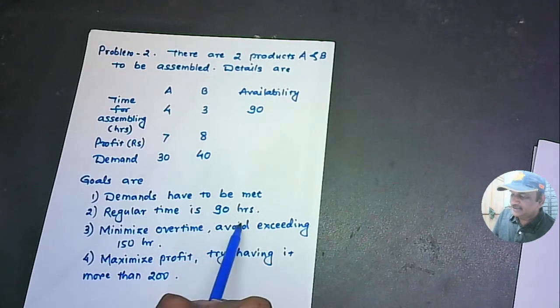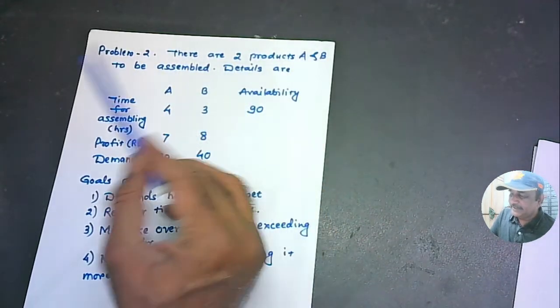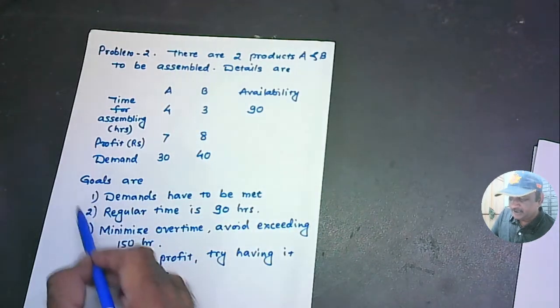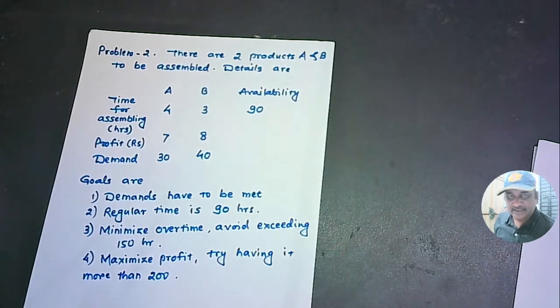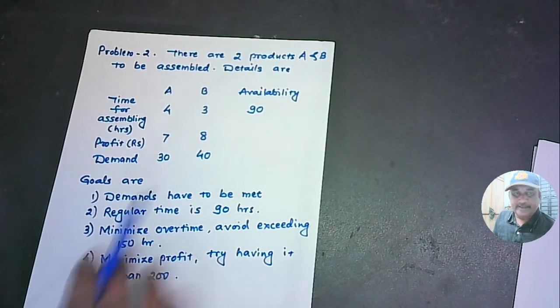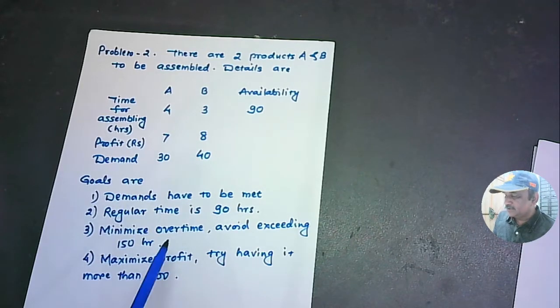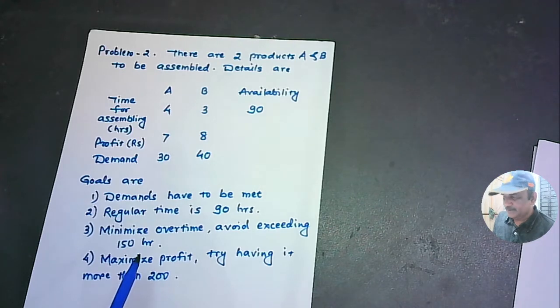Regular time is 90 hours, because it is in this area we were considering them under rigid constraint. So the first two as they are we were considering, then this becomes a goal, a real goal: minimize overtime, avoid exceeding 150 hours.